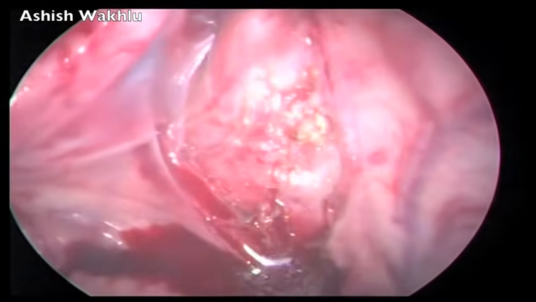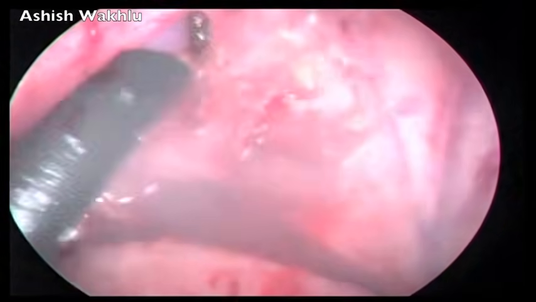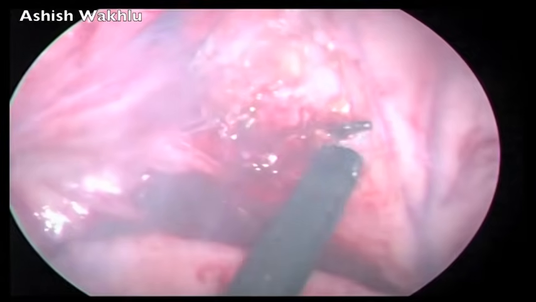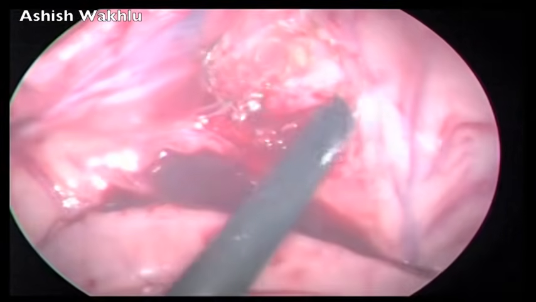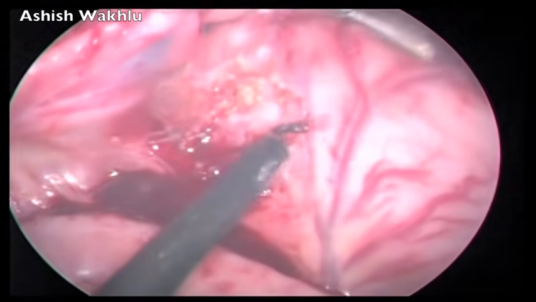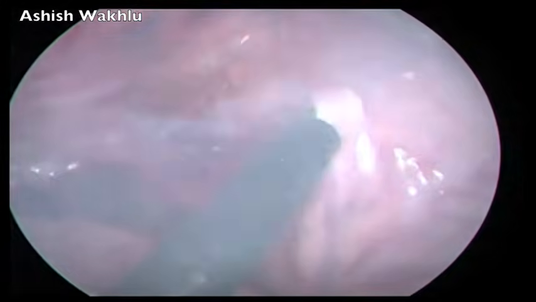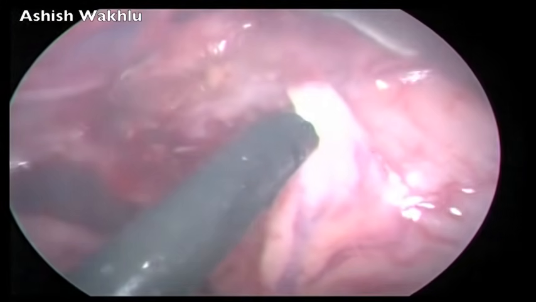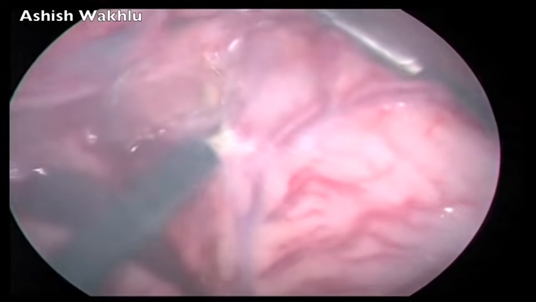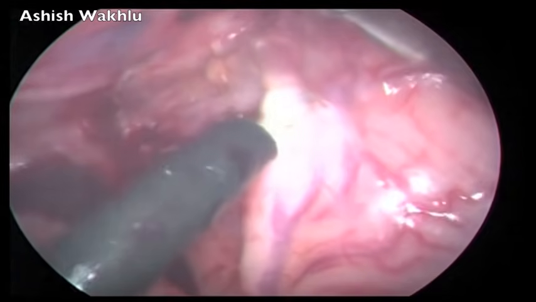These vessels tend to retract into the mesentery, so the only way of controlling them is to continue with the dissection until you can coagulate at the site where the bleeding is appearing from. It is preferable when going across a vessel to coagulate it at more than one spot before dividing between the coagulated areas.